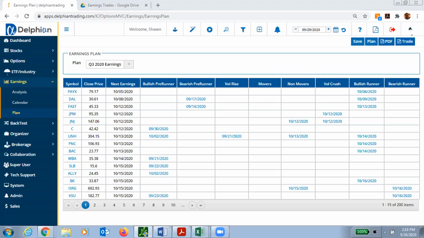I'll show I did the October 2nd trade, 325 to 345, 365, and I collected 1330 with a 670 risk. So I collected 1330, I had 670 at risk, just shy of that 2-to-1 risk to reward ratio.